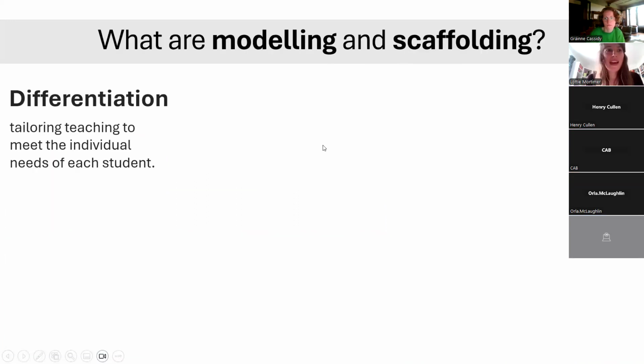So what are they? For a long time, we've talked about differentiation, which is tailoring teaching to meet the individual needs of each student in our classroom. However, the term has gone out of favour quite recently, probably because of the amount of baggage associated with it.